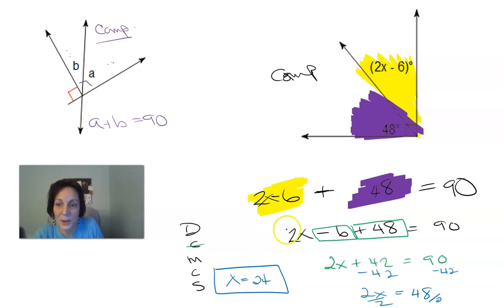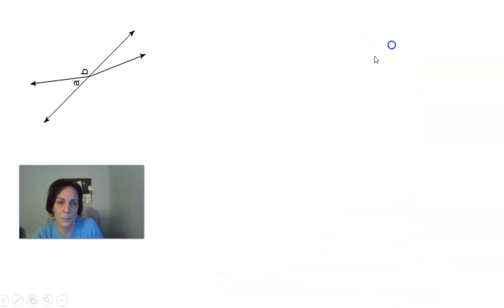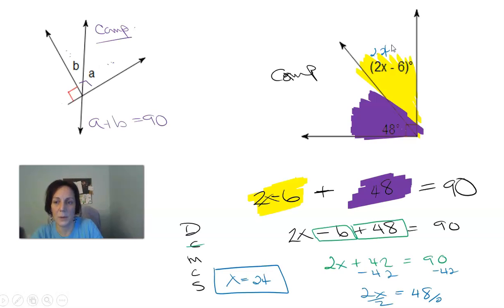Okay. Let's go up here and see if we were right. If x equals 24, then this is 2 times 24 and then -6.